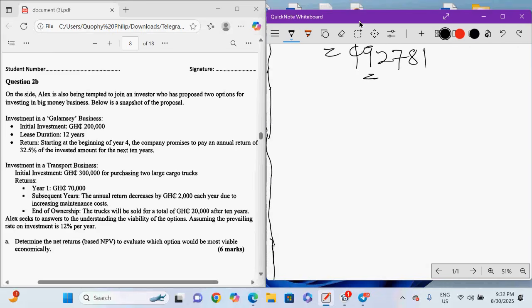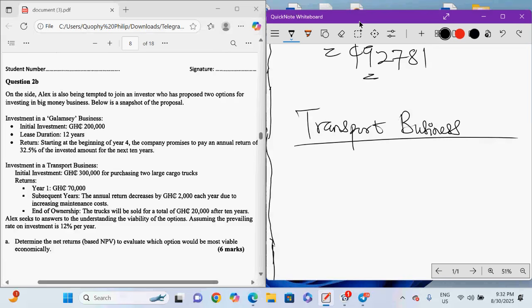So doing for the transport business, we still have the same formula. What is the Transport Business?